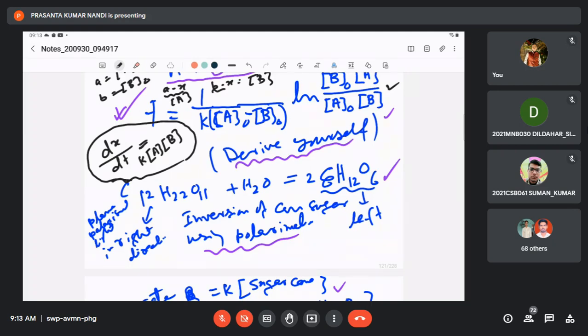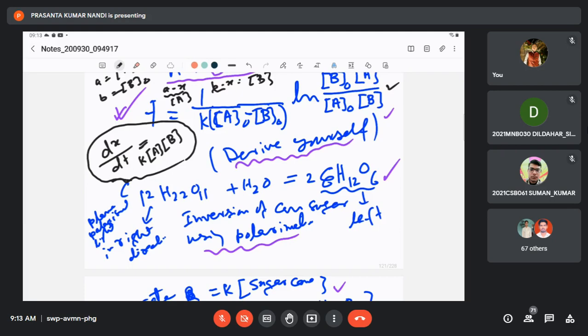But the product, glucose, has a tendency to rotate the plane polarized light, that is the electric vector, to the left, that means anti-clockwise. So this we call inversion of cane sugar, and this can be studied using a polarimeter. It is a very simple and small instrument. I don't know whether you are familiar with this kind of instrument.